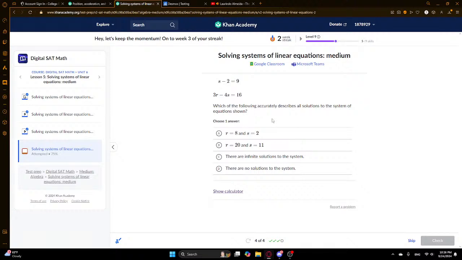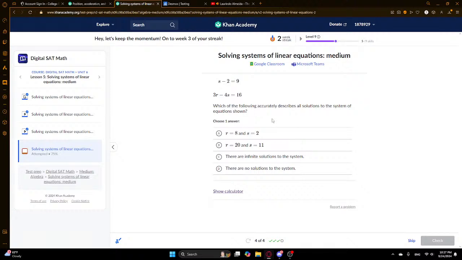No, alright, here we go. S minus 2 equals 9. You subtract 9. Or, S minus 2 equals 9. I'm so dumb. You just add 2. S equals 11.